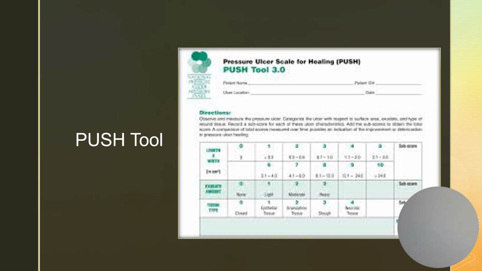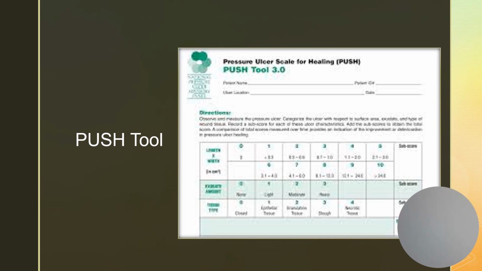We're looking at the amount of exudate, match that with the appropriate score, and then we identify the tissue type and match that up with the appropriate score. Then we total those 3 scores to determine the PUSH score.